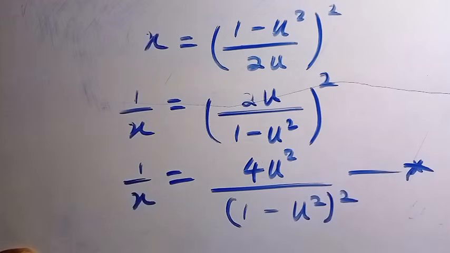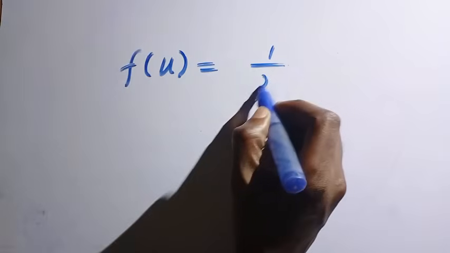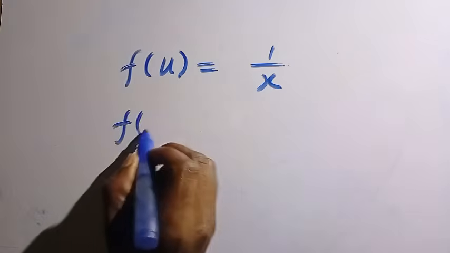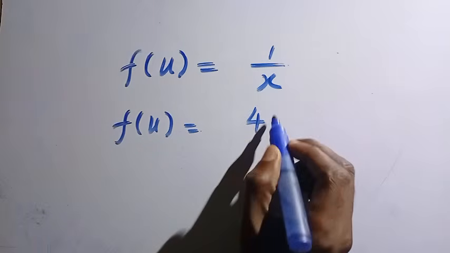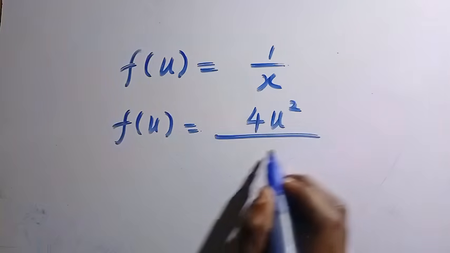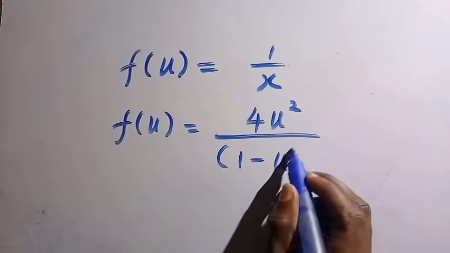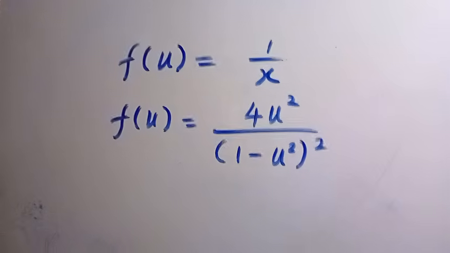Then let's substitute back. We are going to have f of u, which equals 1 divided by x. But we have this already. Our f of u will now be equal to 1 over x, which is given as 4u squared divided by 1 minus u squared all raised to the power of 2. We need x.